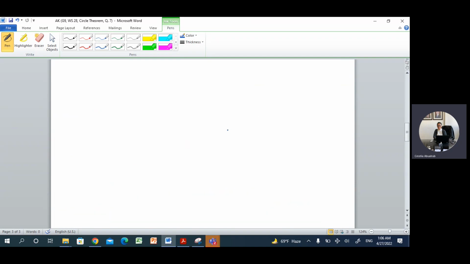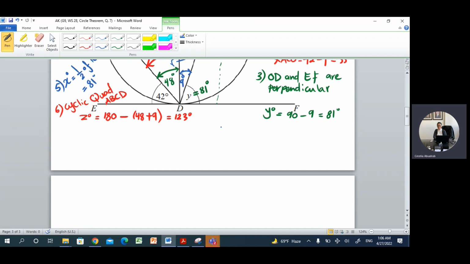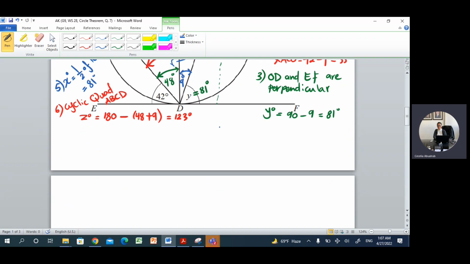Okay, let's get back to Y. Y is equal to 81 because radius OD and tangent EF are perpendicular.